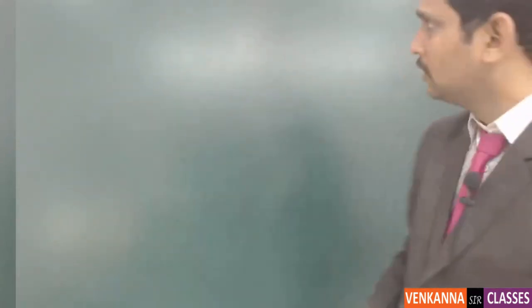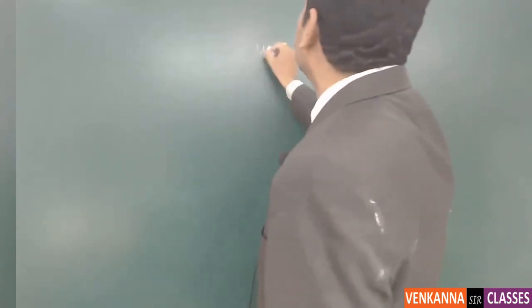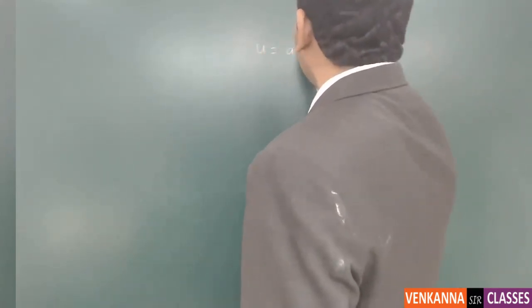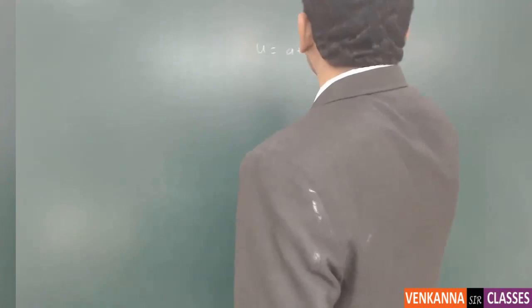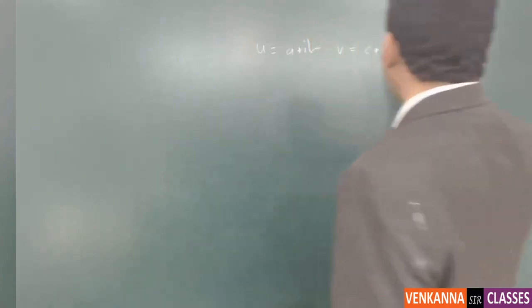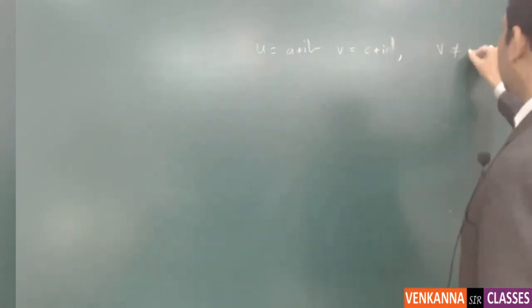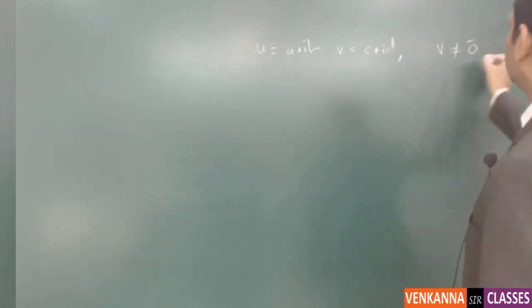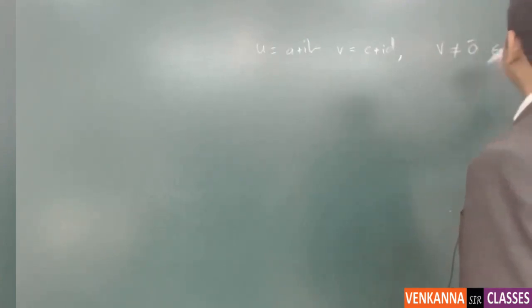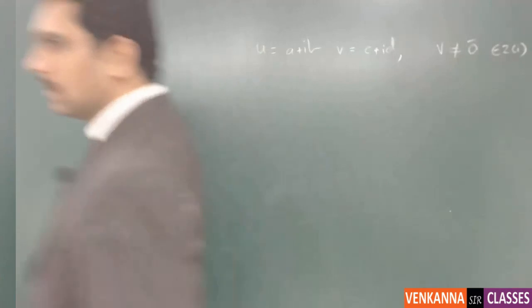So again I take the same values. I take u = a + ib, v = c + id, where v is not equal to 0, belongs to Z[i].